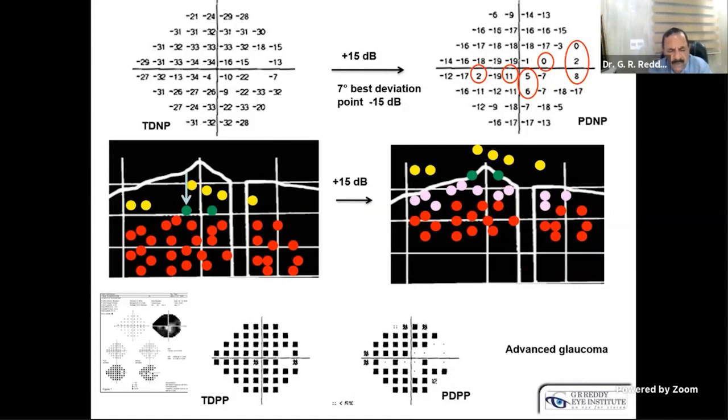Once we have the knowledge to interpret visual fields, with a strong background of theoretical and practical knowledge, whether it is SITA Standard or SITA Fast, you can know. Hardly it matters.